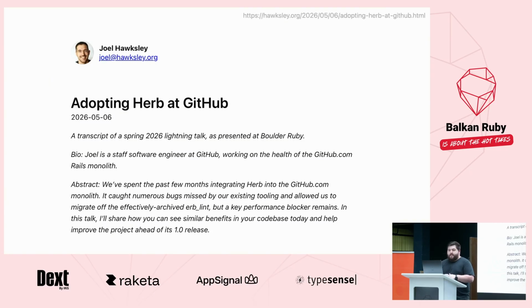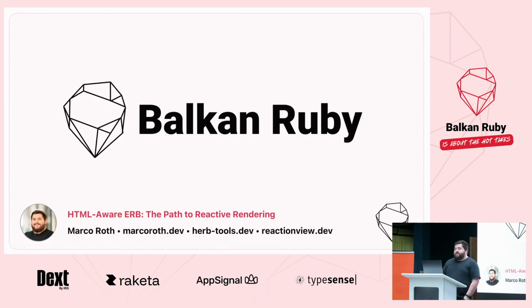More recently, we saw GitHub adopting Herb in their code base for all their 10,000 plus view files. This is really exciting. This is the kind of success I want to share, that it's taking off, and seeing companies like GitHub adopting this is really great to see. So that's what I have for today.